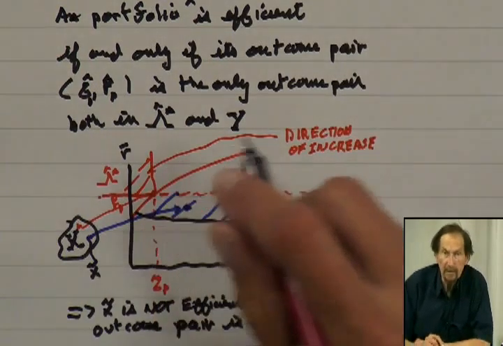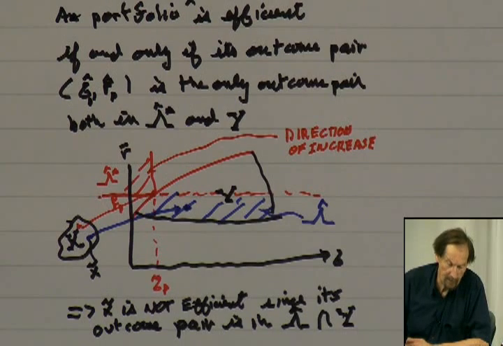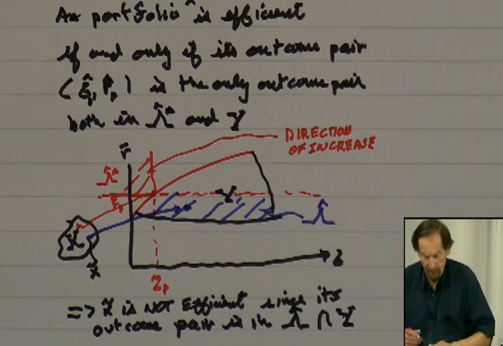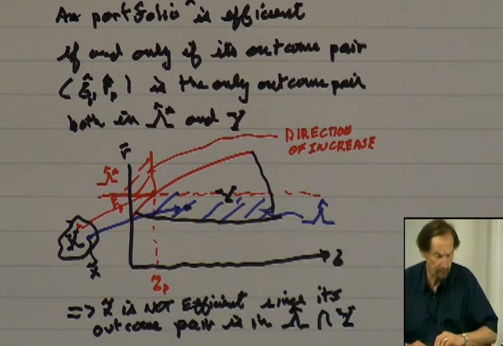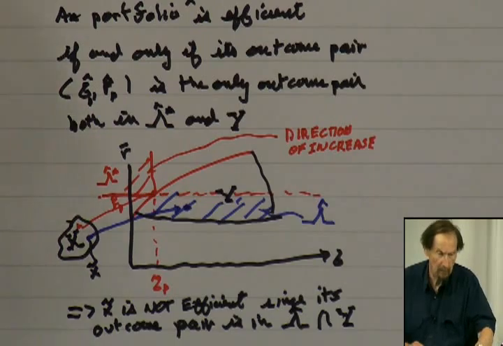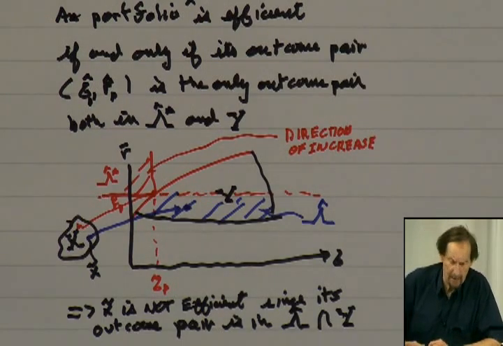In fact, it's a vector analogy of the gradient, where the gradient typically shows the direction of maximum increase. Here we have this cone showing the direction of increase. Okay, I think that's probably enough for today.